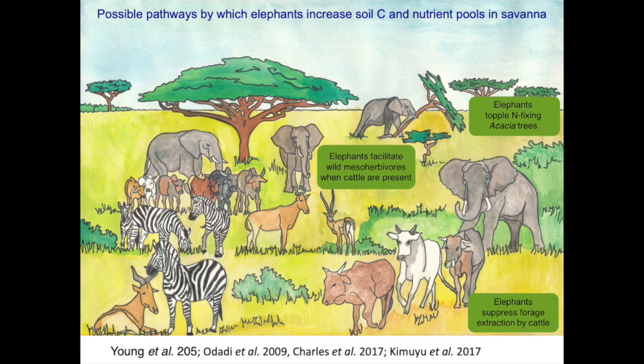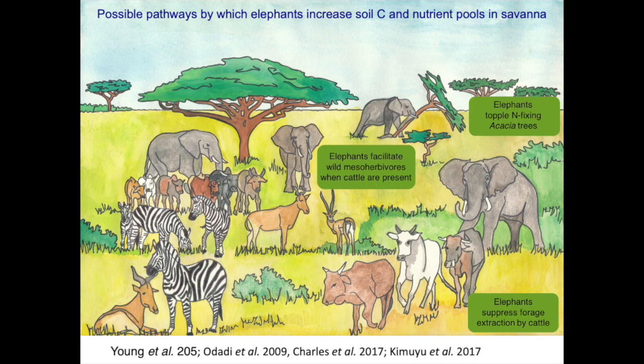So, by spending more time in plots that are shared between elephants and cattle, they deposit more dung in those plots, and that could contribute to deposition of nutrients, or could contribute to retaining nutrients in those plots.